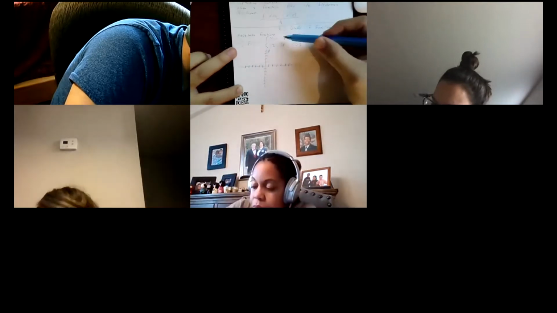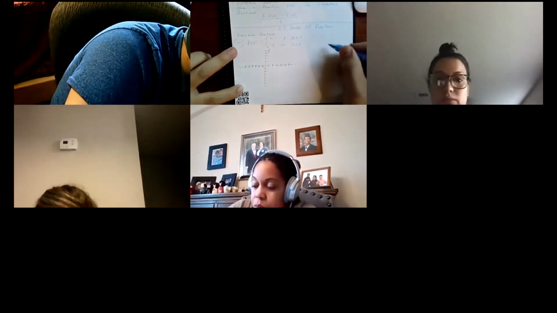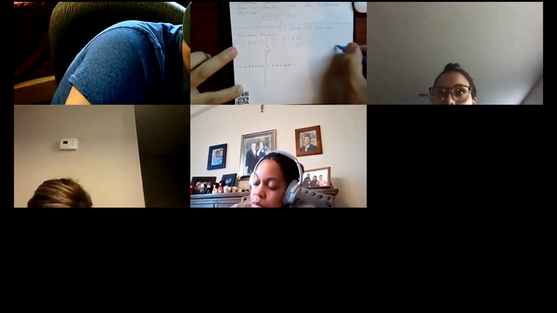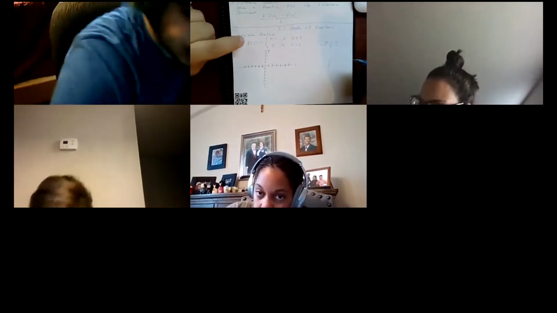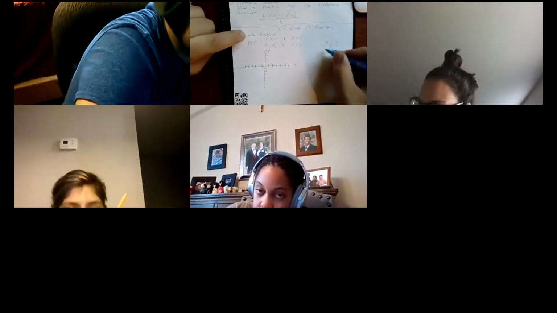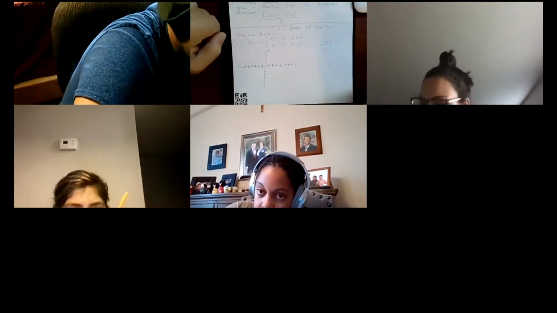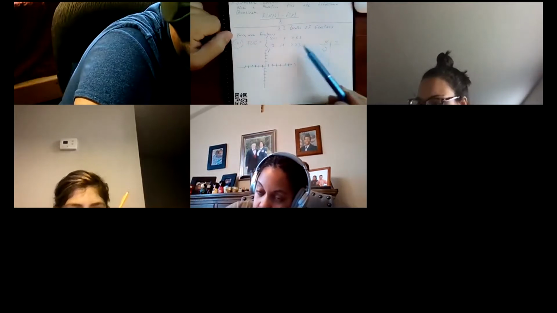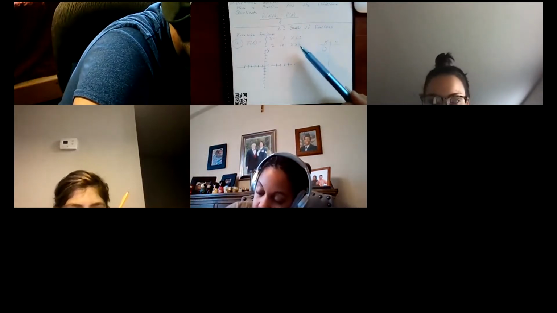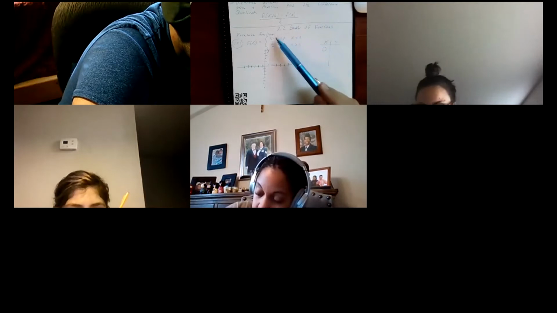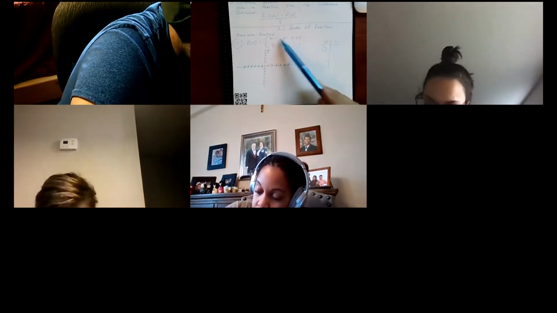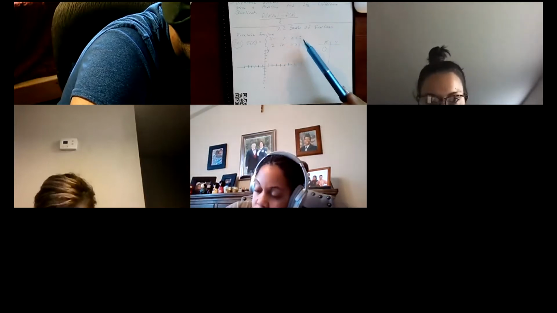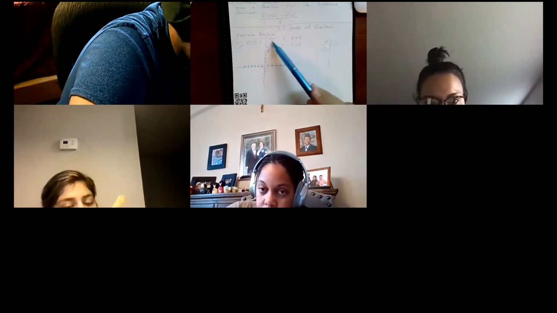Okay, so this is how it works. And pretend this is my little XY table for this function. So if I choose 0 for the x, then you're going to decide, where do I plug it in? Do I plug it into the top part or the bottom part? If x is less than or equal to 3, then you use the first one.